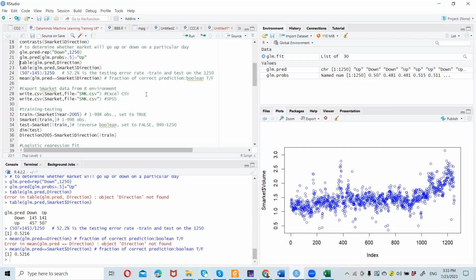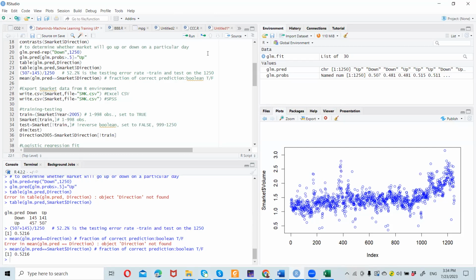Yes, so this particular line is telling us that, like I said, initially we didn't set aside training data and testing data. So for this particular one, the prediction was based on the entire data set as training and at the same time as testing.